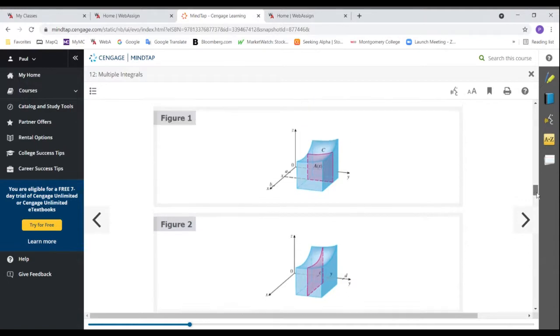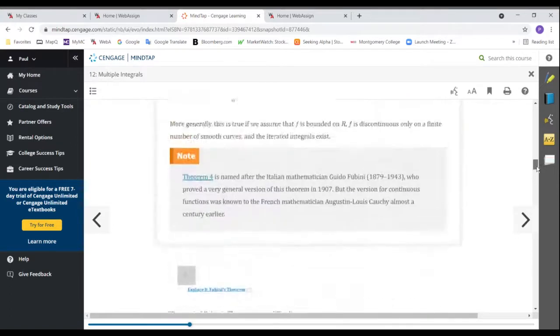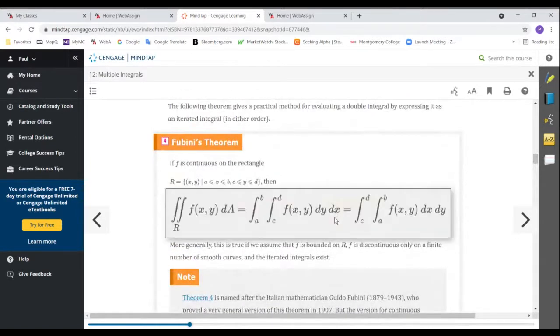And so you end up with Fubini's theorem. It's two ways of computing the volume underneath the surface when your boundaries form a rectangle in the xy plane. That's called Fubini's theorem.